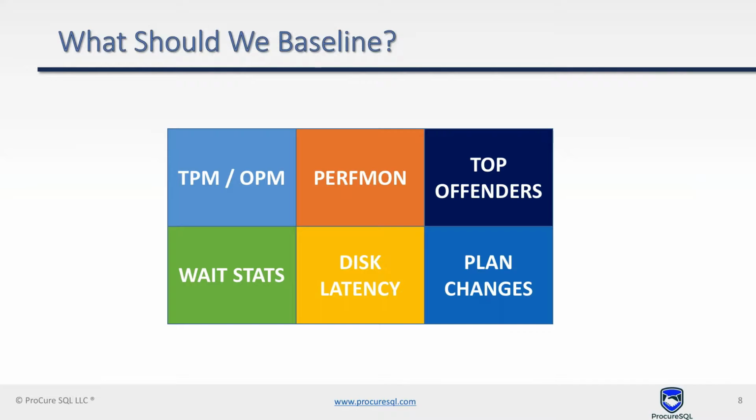So this is a perfect example of when doing some benchmark testing across a new HA configuration, I can start to look at some of those HADR specific waits and see exactly how often we are waiting for the actual commit to occur when we're in synchronous mode. Same thing with disk latency, right? This can be done with DMVs or with perfmon.